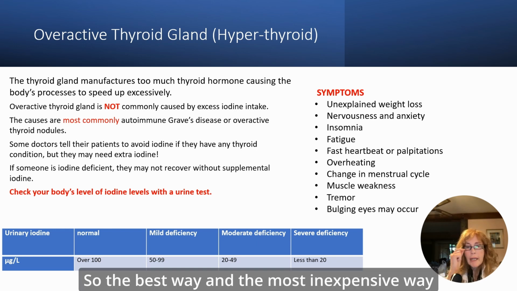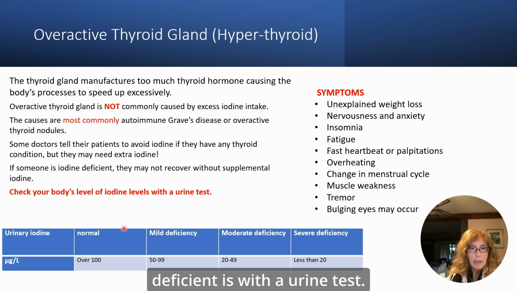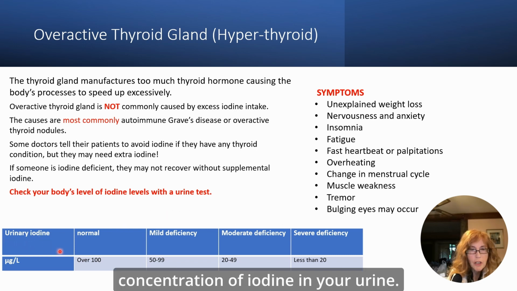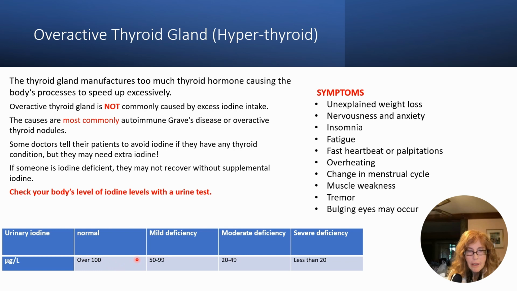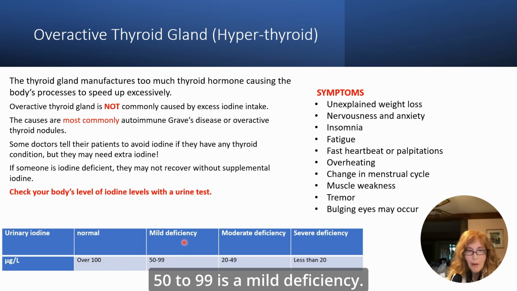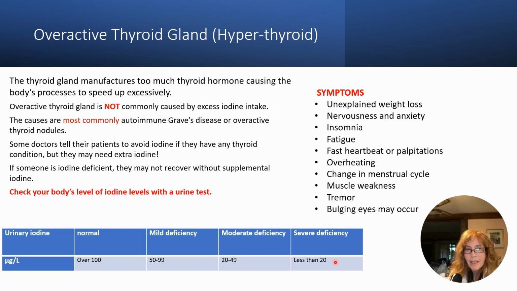The best way and the most inexpensive way to check if you're iodine deficient is with a urine test, and we check for the concentration of iodine in your urine, and the normal concentration should be over 100. 50 to 99 is a mild deficiency, a moderate deficiency is 20 to 49, and if your level is less than 20, you have a severe deficiency.